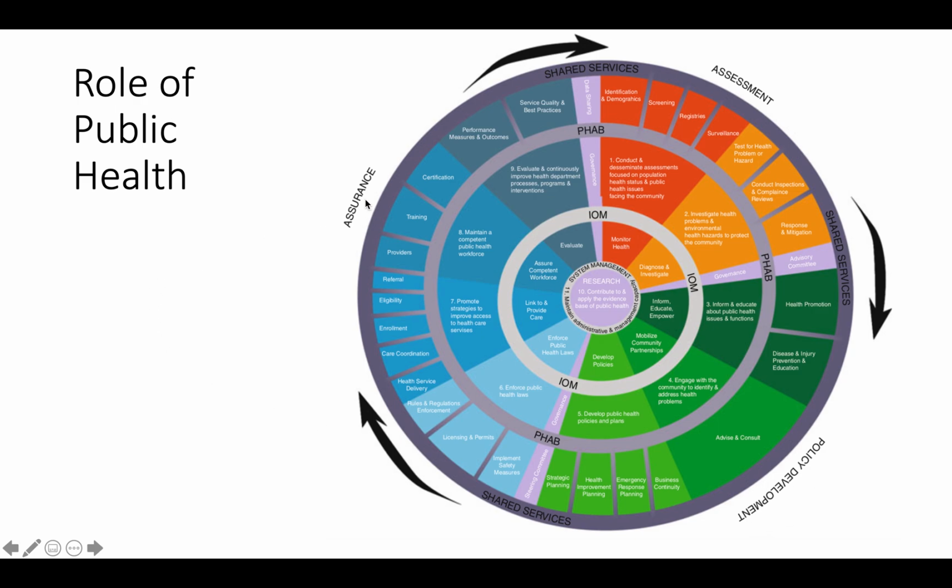In the assurance, for example, you need certification, training, referral, eligibility, enrollment, etc. So these are services that, as a public health organizer or administrator, you need to look at.